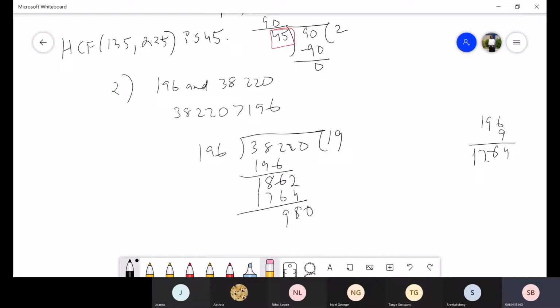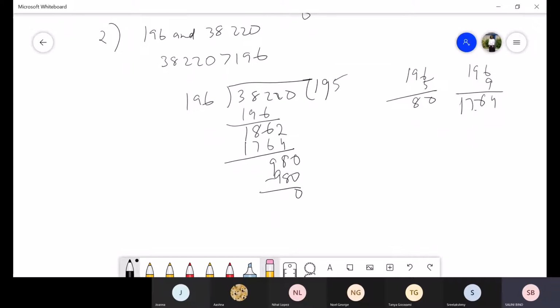And then how many times will it go? 196 into 5, 30, 45, 48 and 4, 985 times, exactly 5 times. So the remainder will be 0. So we can write this as 38,220 is equal to 196 into 195 plus 0.